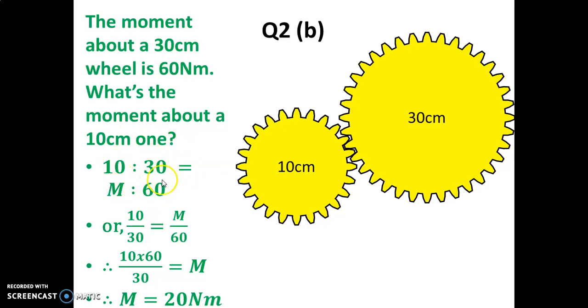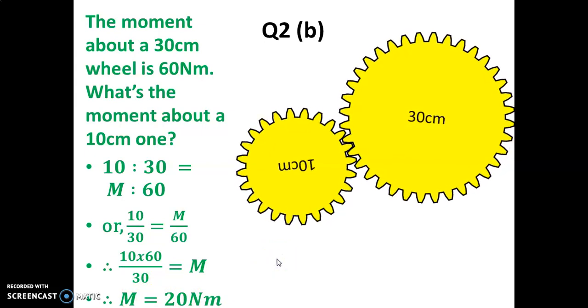I know the moment for the 30 centimeter wheel, but I don't know it for the 10 centimeter one, and we need to figure it out. So you go through the same steps as before. Rearrange the formula to make M the subject. You would do 10 multiplied by 60, divide that by 30, and that gives you a moment of 20 Newton meters.